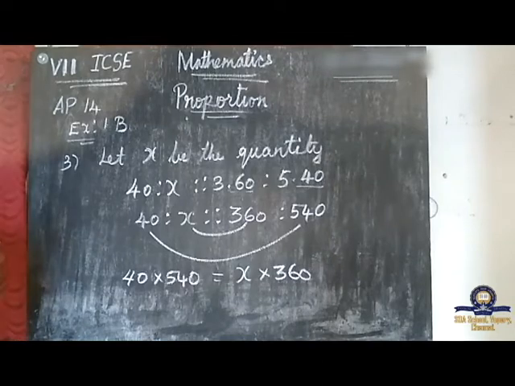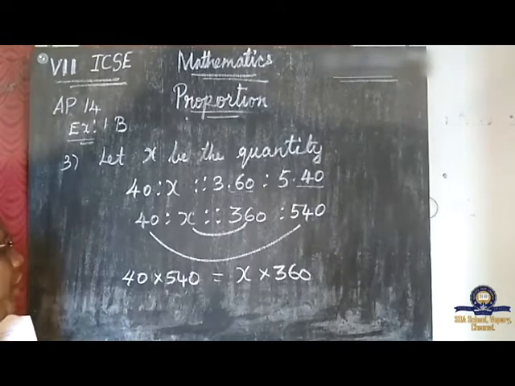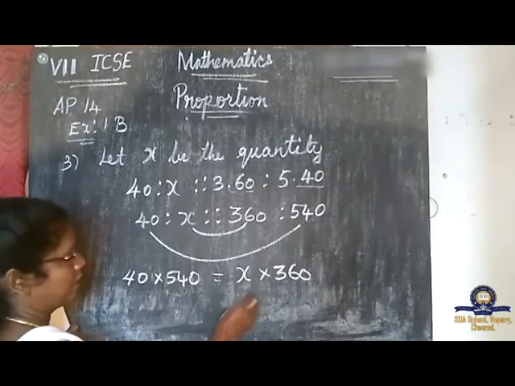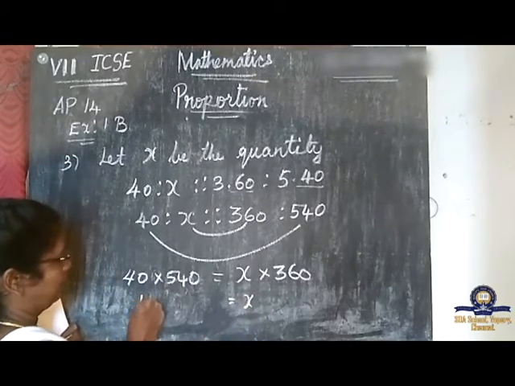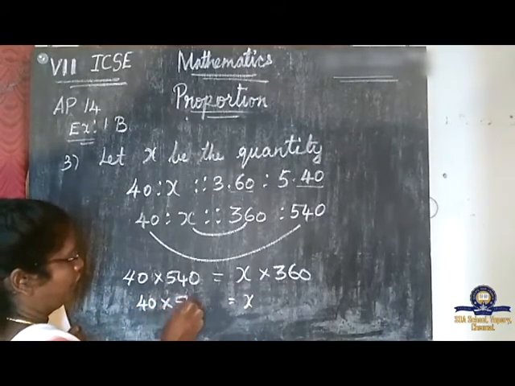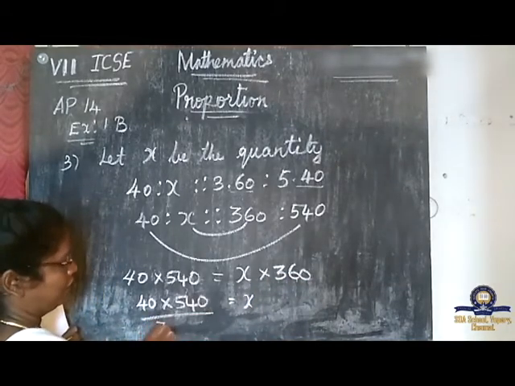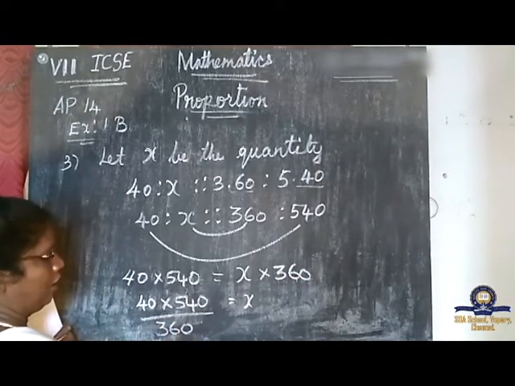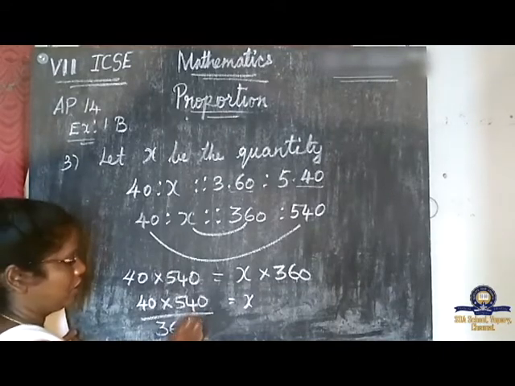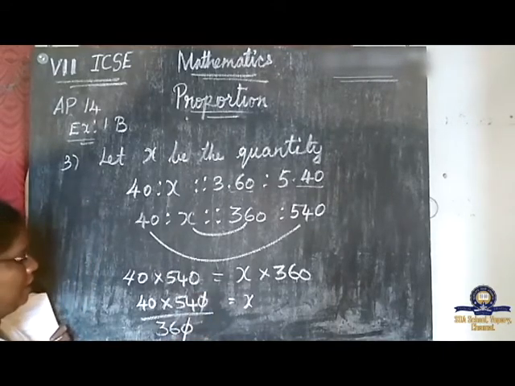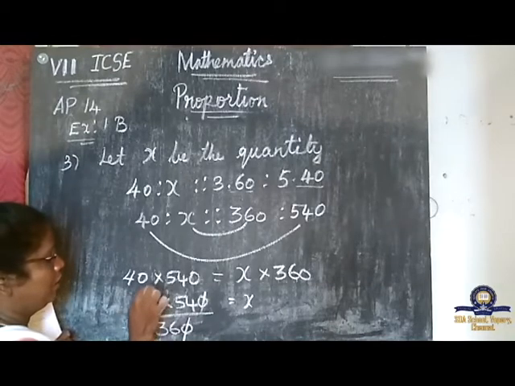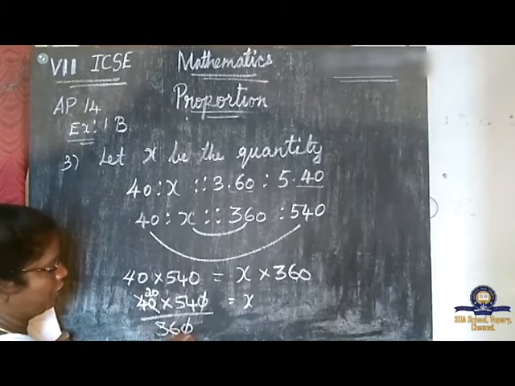Okay. Now we need to find out only x. So x will keep here. Bring this side: 40 into 540. 360 is multiplied, so if it comes to the other side, division by 360. Okay. Can you see? Yes. 0 and 0 cancelled. 2 times, you cancel. 2 20s are 40. 2 times means 18 2s are 360.